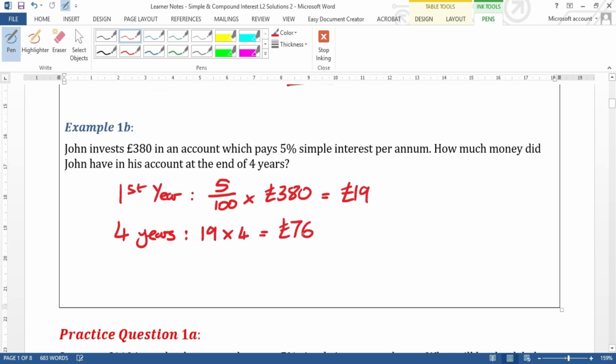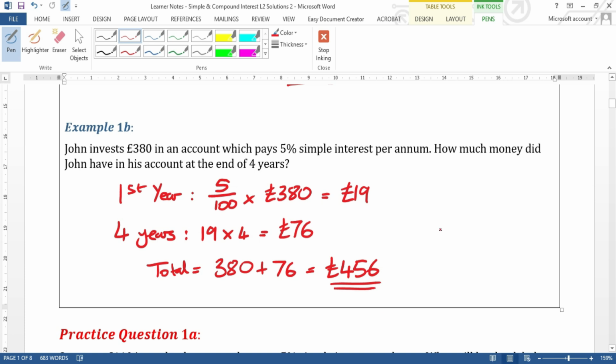But obviously this is just the interest, isn't it? So in his account, assuming that he's not taken any money out or put any money in, then the total in his account will be the original, which was £380, plus the interest, which gives you £456 in total.